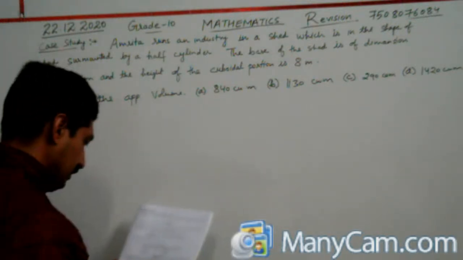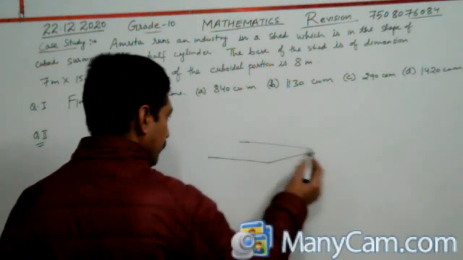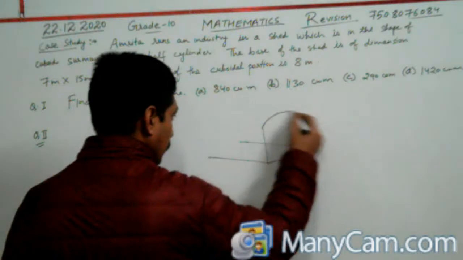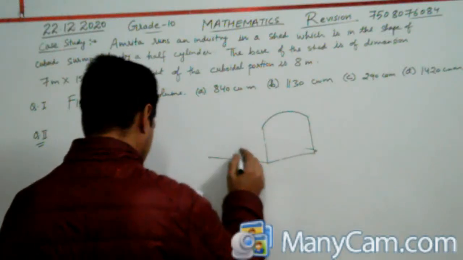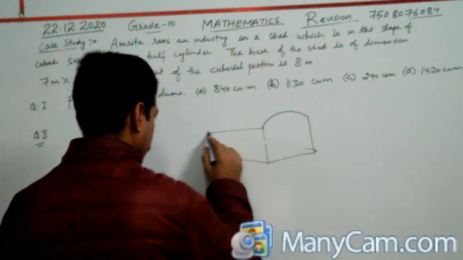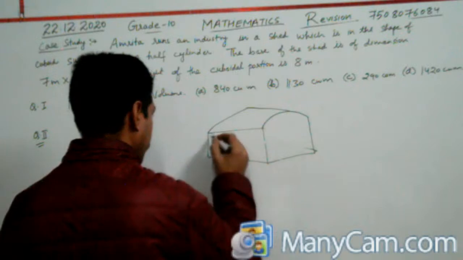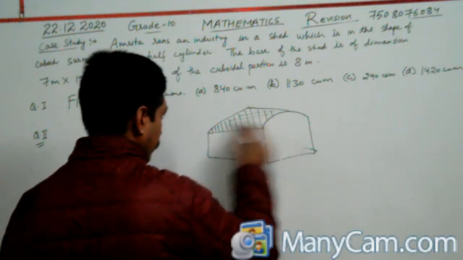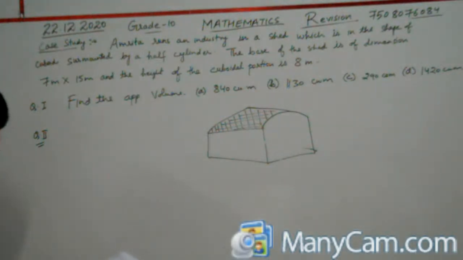So here we have in this way the cuboidal portion. Second is the curved surface area of the top of the shed.